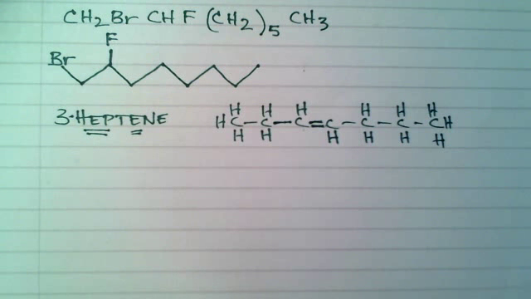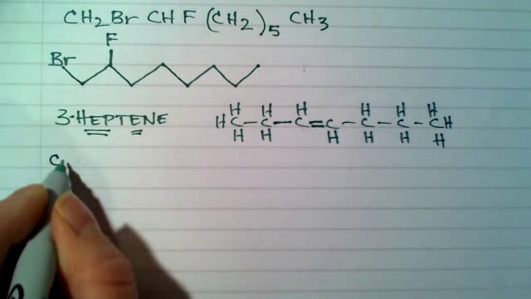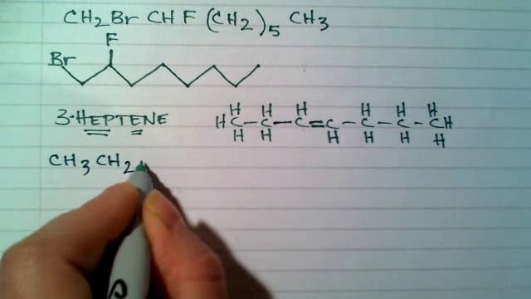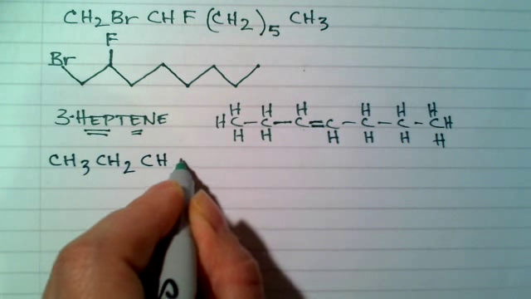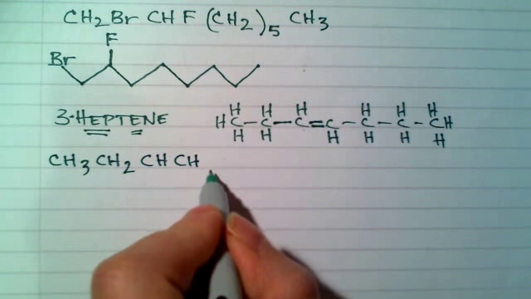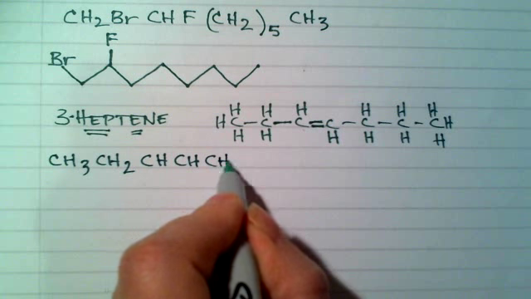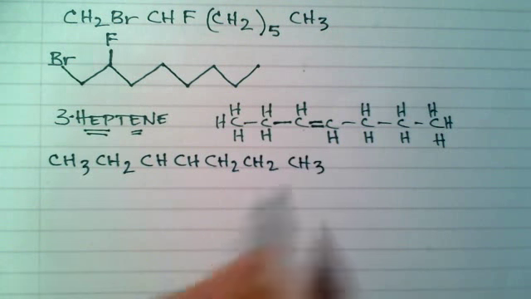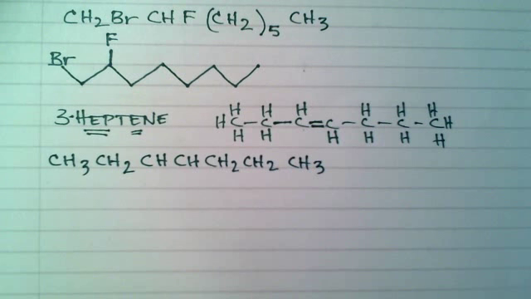In a condensed structural, I would write CH3, CH2, CH, and then CH2, CH2, CH3. And we can be even more condensed than that, because when we have repeating things, we can put them in brackets, but we'll just leave it like that.